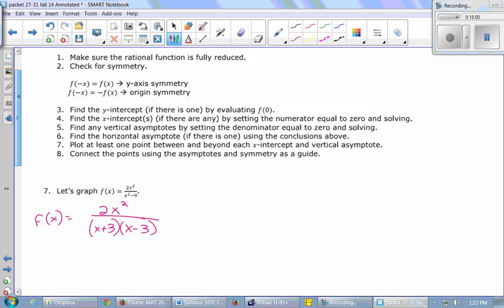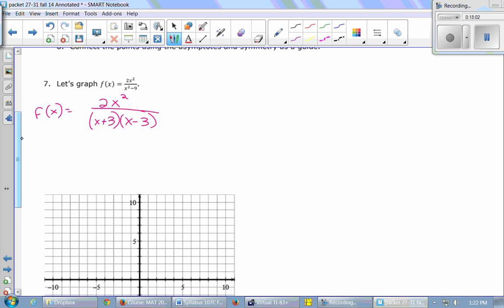All right, let's see. Step 2, check for symmetry. To check for symmetry, remember you plug a negative x in. So I'm going to evaluate f of negative x. If I put a negative x in here, I get 2 times negative x squared over negative x squared minus 9.